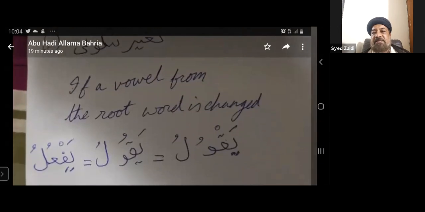Taghyir sakuni means that a vowel from the root word is changed. For example, qala yaqulu, right? Yaqulu is the word that has derived from yaqwulu. Now all of the letters are the same, but you see that the vowel signs have changed.